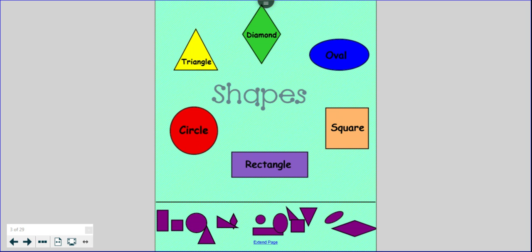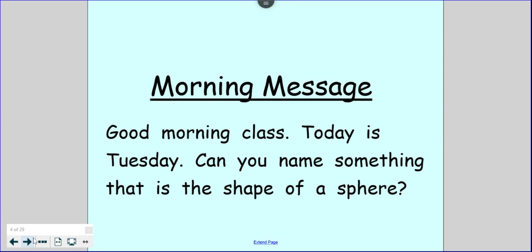That's right, it's a sphere. Very, very good job. We're going to talk a little bit more about 3D shapes today, but first, let's read our morning message.